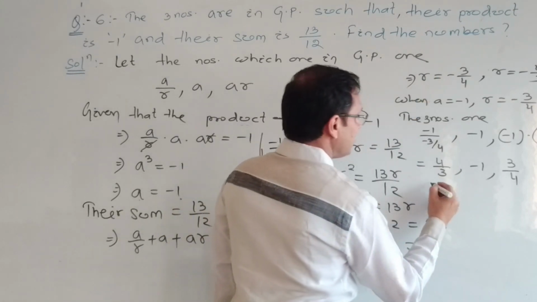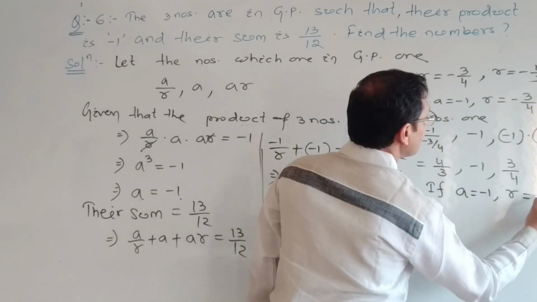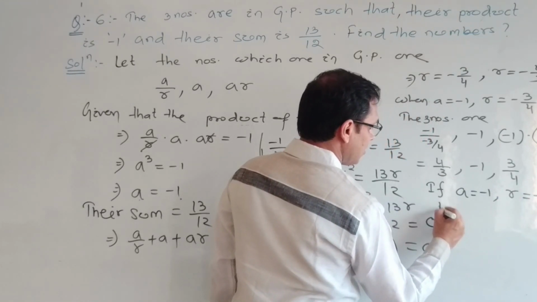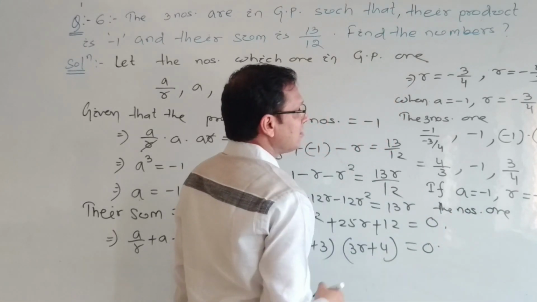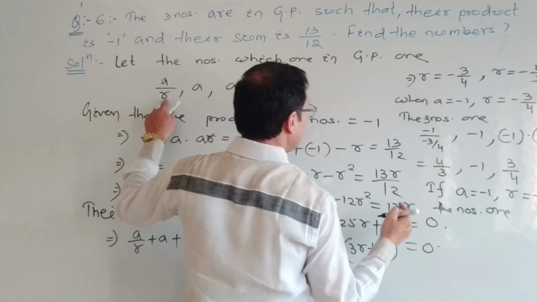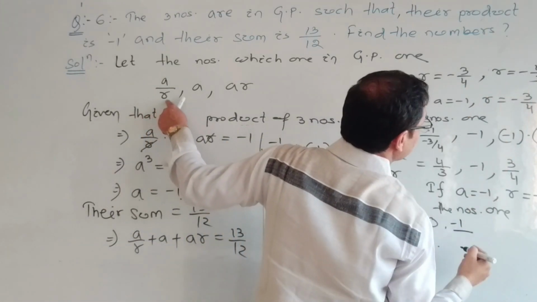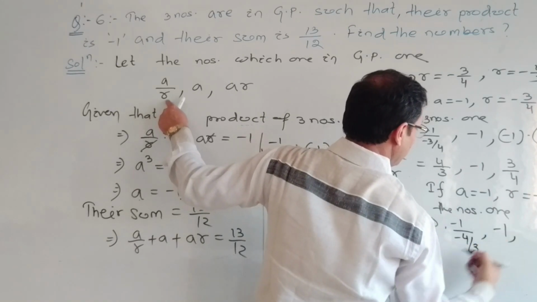Another one: if A is equal to minus 1, R is equal to minus 4 by 3, then what are the numbers? That is A by R, that is minus 1 by R, R is equal to minus 4 by 3, then minus 1.